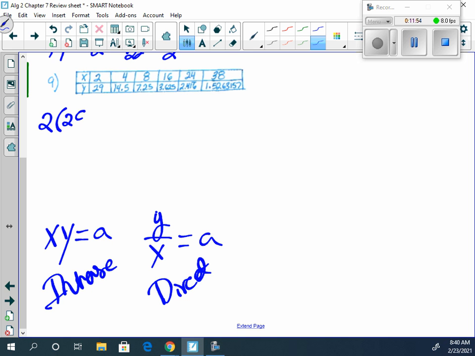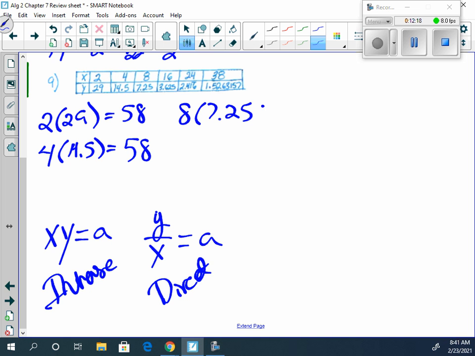So I can do 2 times 29, which will give us 58. 4 times 14.5 will give us 58. 8 times 7.25 will give us 58. 16 times 3.625 gives us 58.